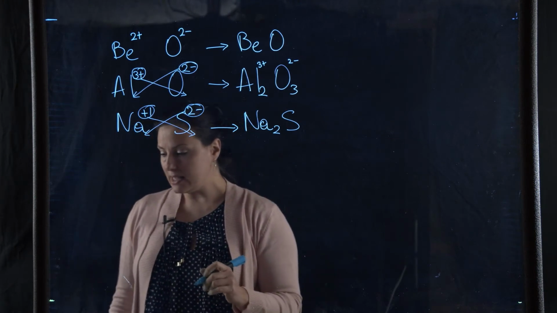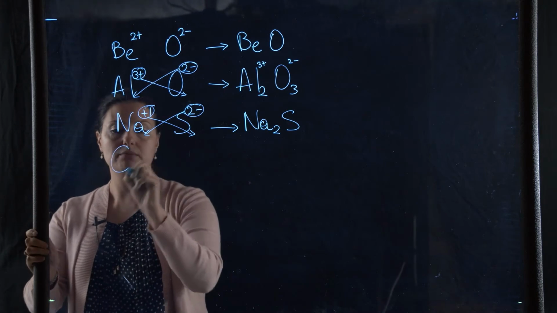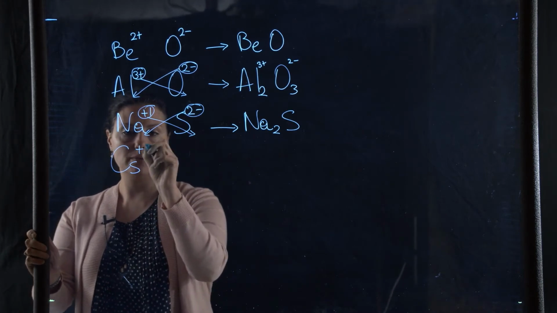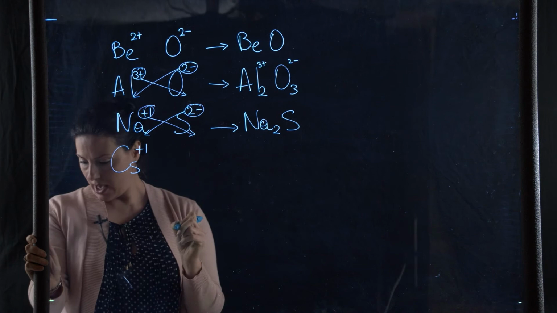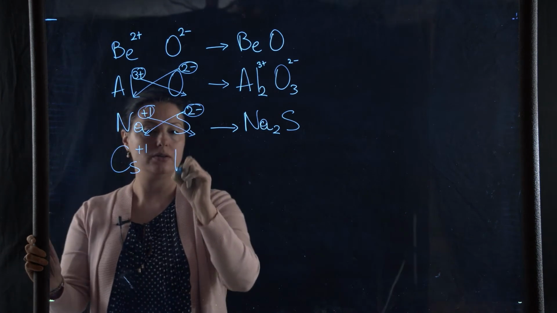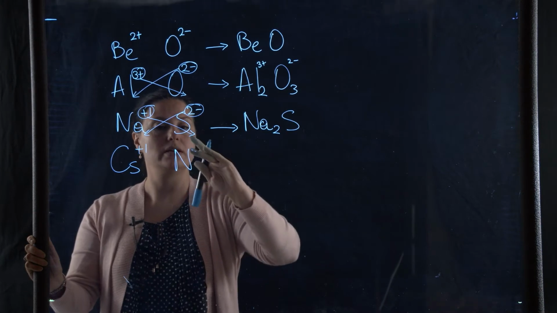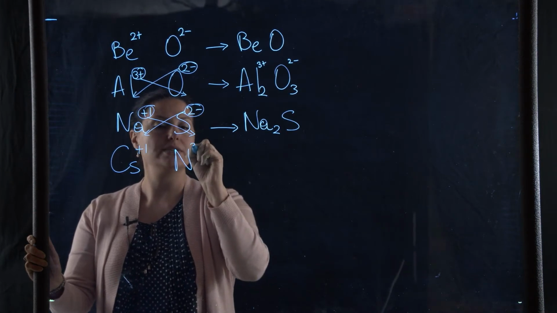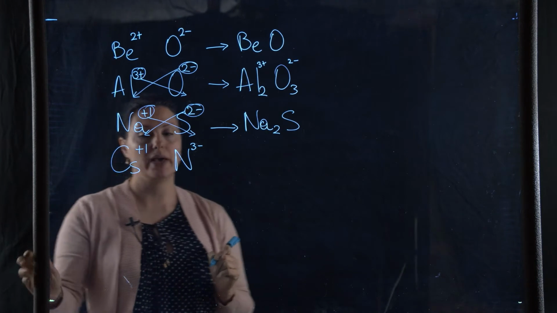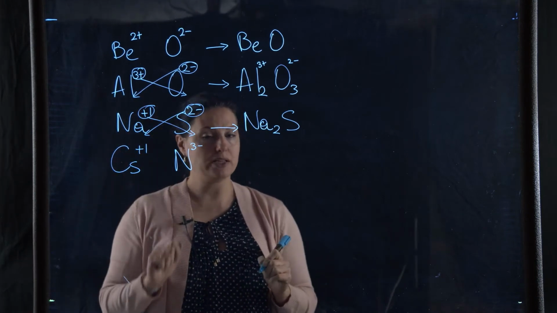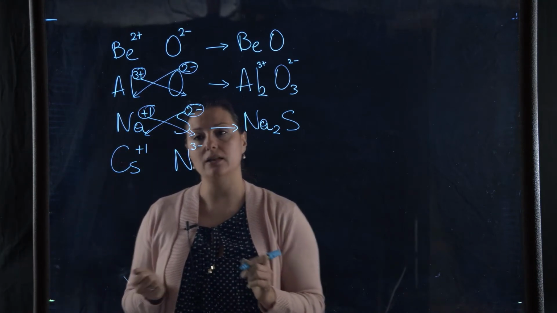And then we have cesium and nitrogen. Cesium is Cs, and it's a +1. And nitrogen is group 5, so it will always have a 3- charge. My cesium is always a +1 because it's a group 1 element.